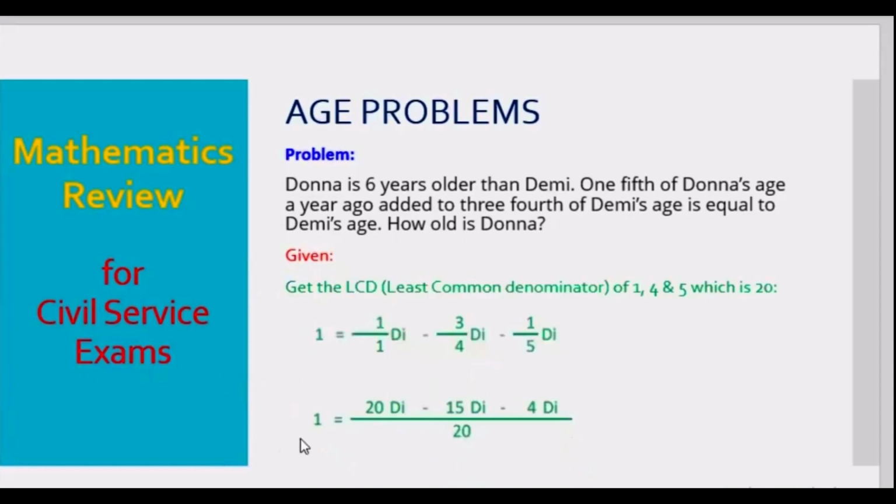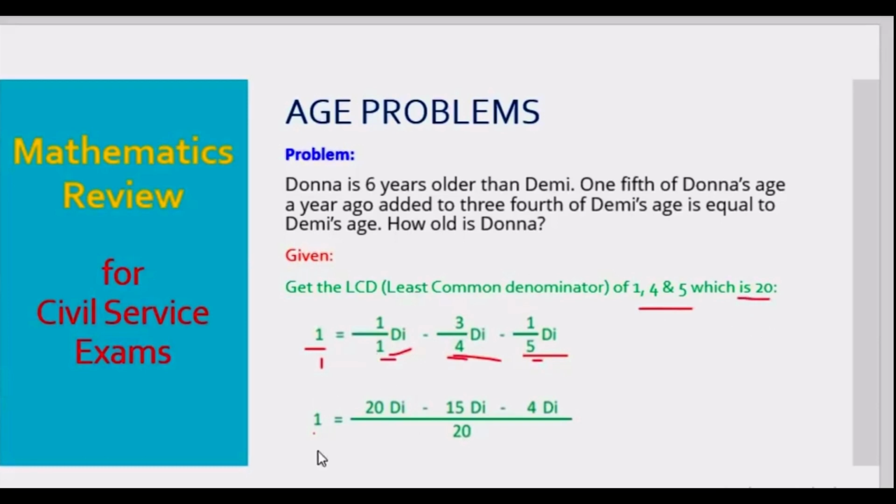This one can be treated as 1/1, which is simply D. Then minus 3/4 of D minus 1/5 of D. So get the LCD of 1, 4, and 5, which is 20.